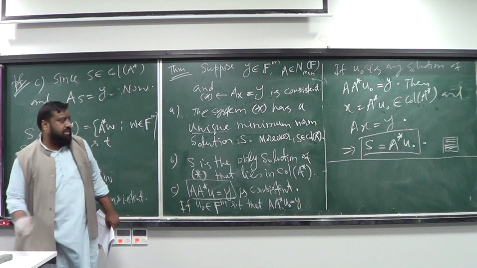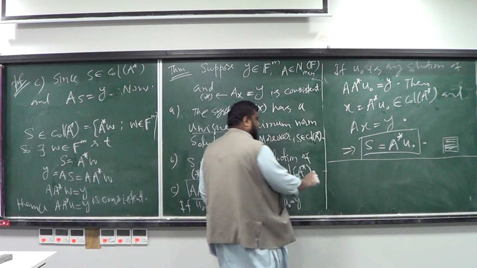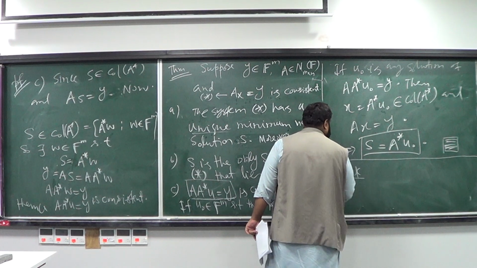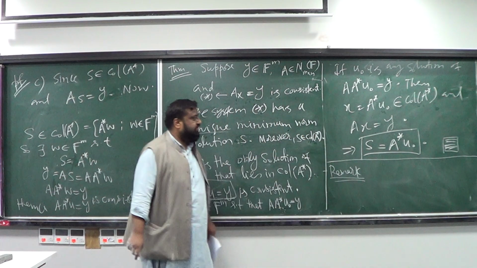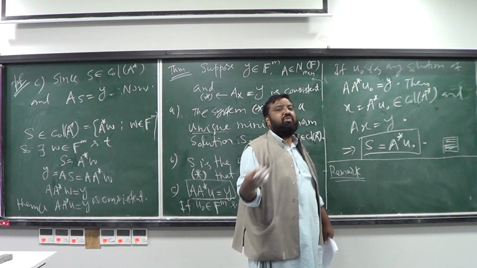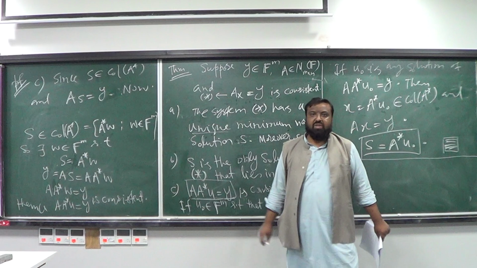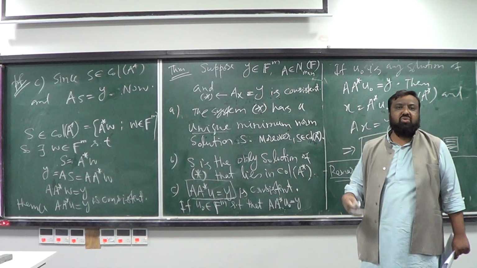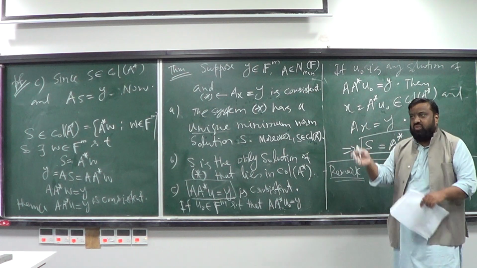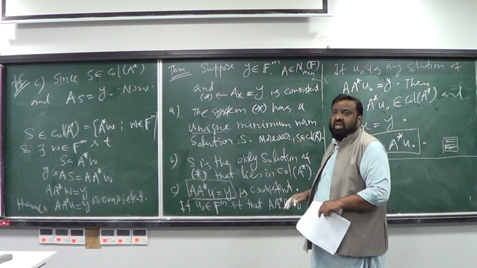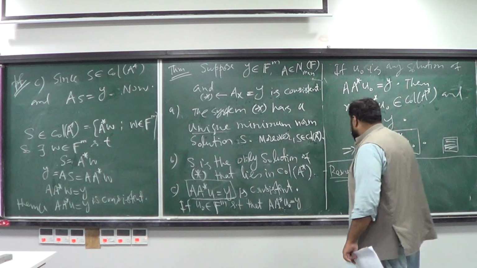Now here is a remark. If I give you a system of equations, based on this theorem, what is the algorithm, what is the method to find the minimum norm solution of a given system? If I give you 3 equations and tell you to find the minimum norm solution, the question is how to find it.